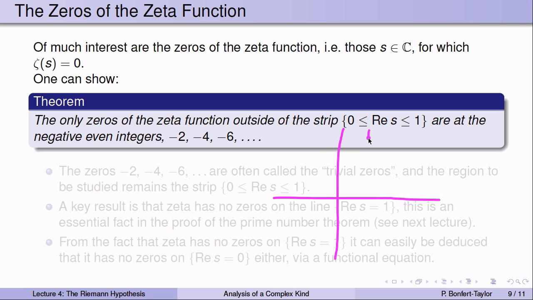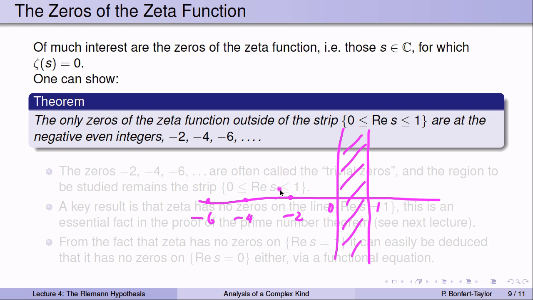So here's the strip between 0 and 1. Outside of that strip, the only zeros of the zeta function are at minus 2, minus 4, minus 6, and so forth. So at the negative even integers.